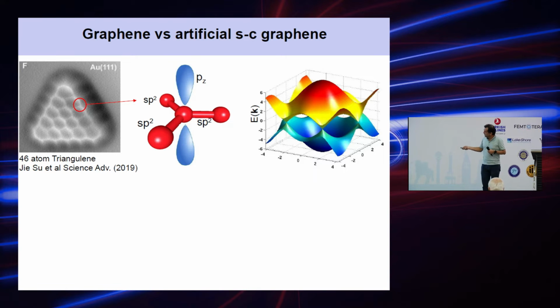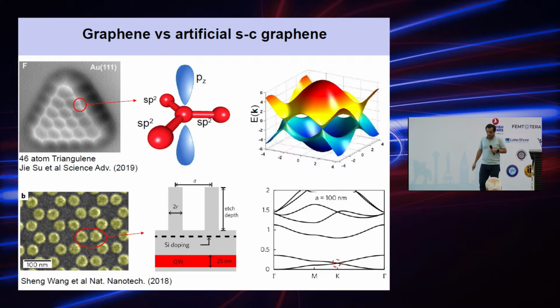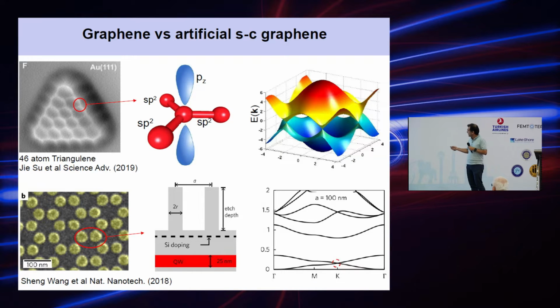Or alternatively, we can fabricate artificial graphene. For instance, here using semiconductor heterostructures. There are also other ways based on optical construction or molecular ways of doing it. Here I'm going to focus on this semiconductor way of doing it, and this was recently done by Shang Wang and collaborators.